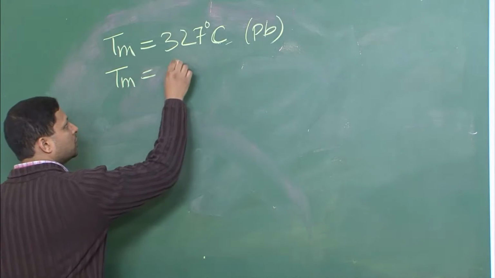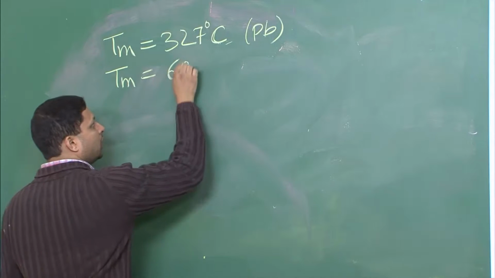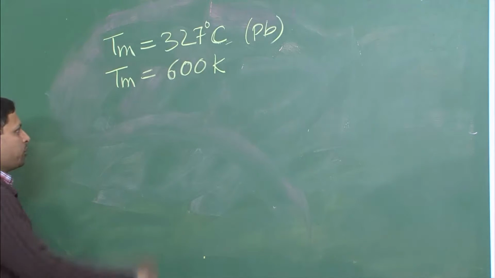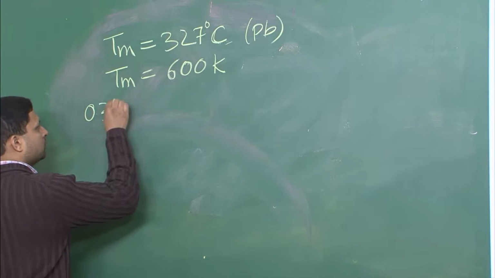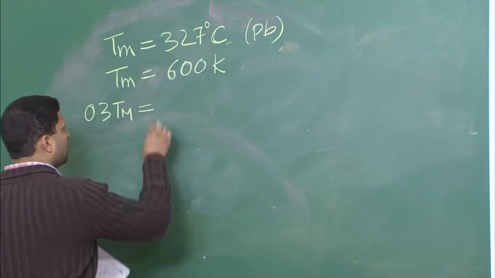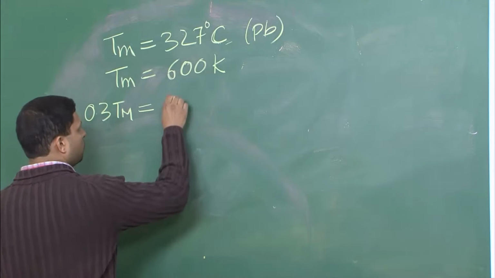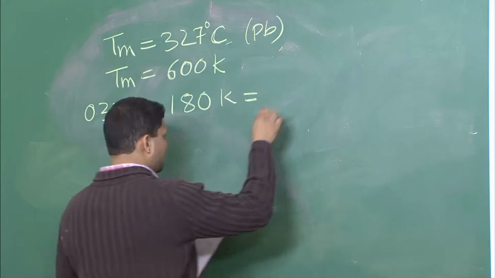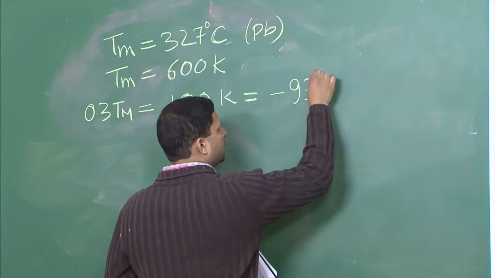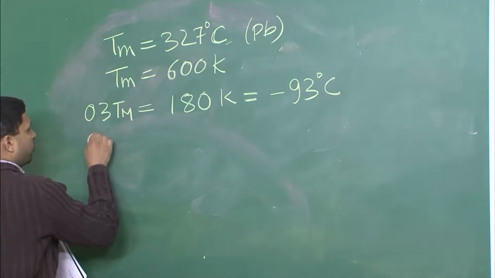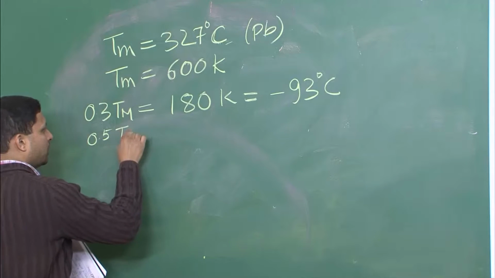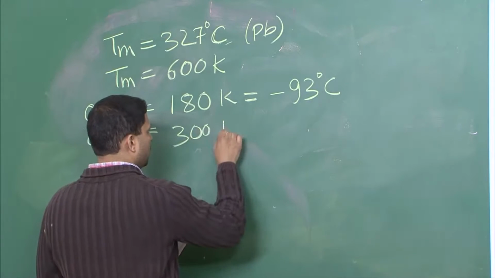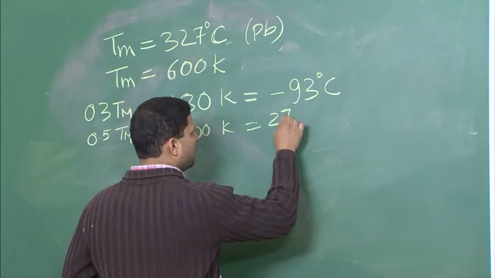So, this is 327 plus 273 equal to 600 Kelvin. Now, what is the 0.3 Tm for this? 0.3 Tm will come out to 180 K, which in Celsius is minus 93 degrees Celsius. 0.5 Tm for this lead will come out to 300 K, which is equal to 27 degrees Celsius.